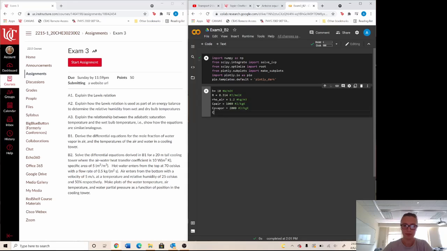And then the heat capacity of liquid water is equal to 4,190 joules per kilogram Kelvin. And then we will also need to know lambda, which is the heat of vaporization. So heat of vaporization is equal to 40,700 joules per mole.